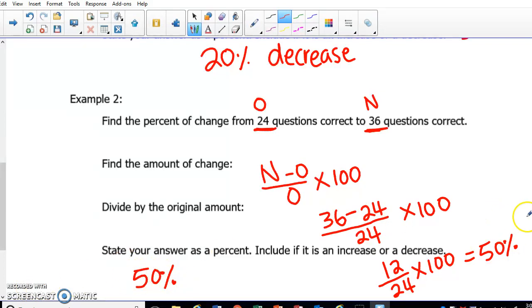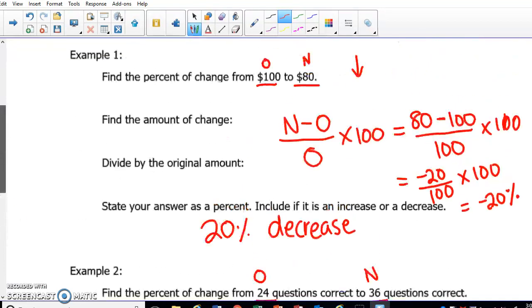Since it's a positive number, it's an increase. And if you really think about it, 24 questions to 36 questions, it increased. So 50% increase. So you have to remember a few things.